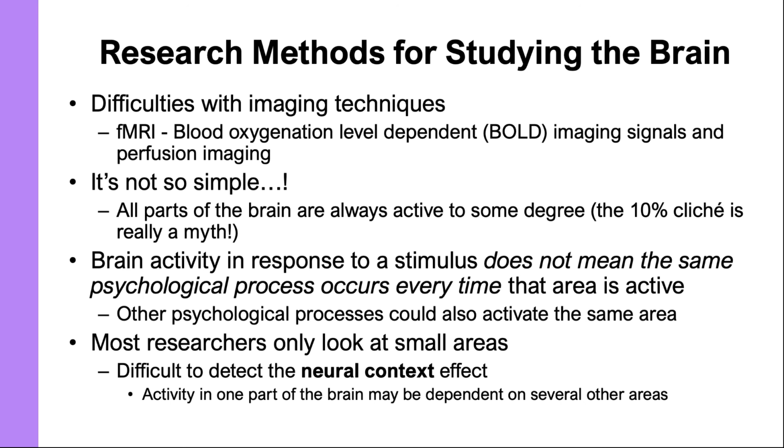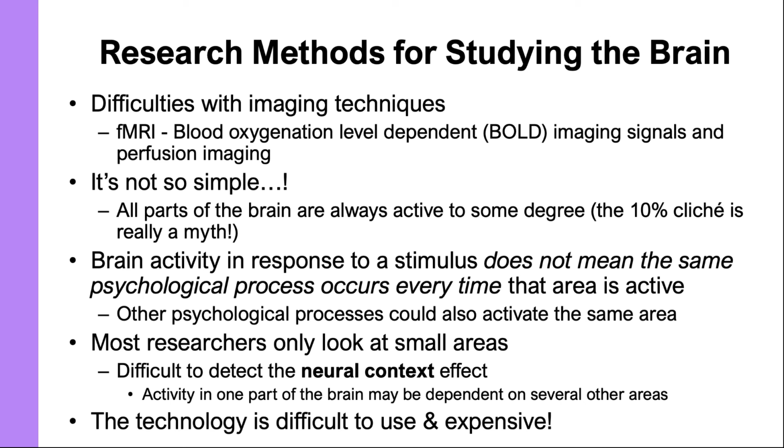Remember when I showed you the slide of the emotional structures in the brain? The amygdala and the hippocampus are incredibly connected. So anytime the amygdala lights up, say in response to some sort of threatening stimulus, we know that there's probably also activity in the hippocampus. So you need to consider that any part of the brain that appears to be active in a study is probably not the only part of the brain that is active in response to whatever that stimulus is.